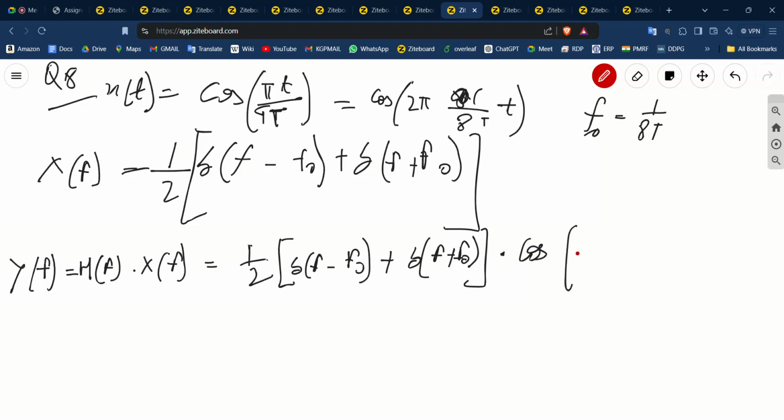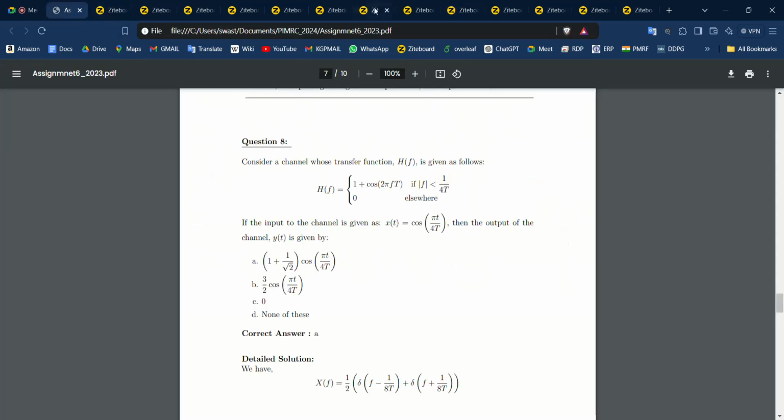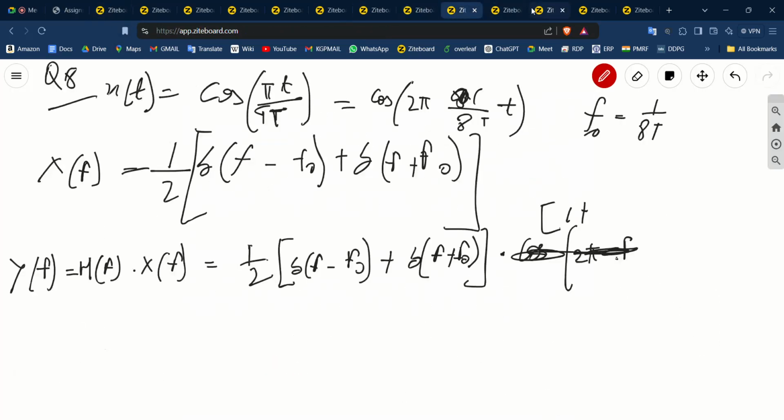Now this exists only if f is between minus f naught by 2 and f naught by 2.